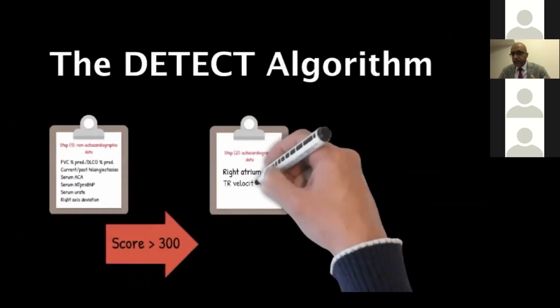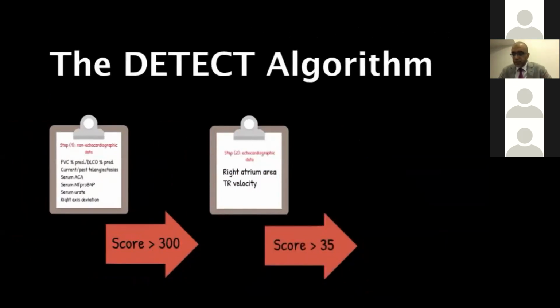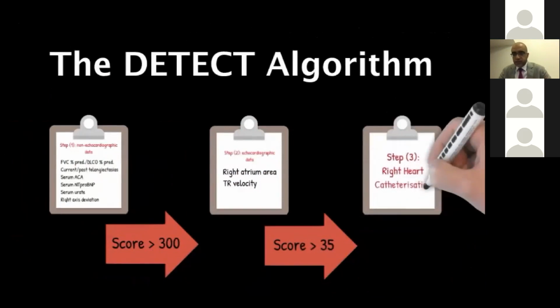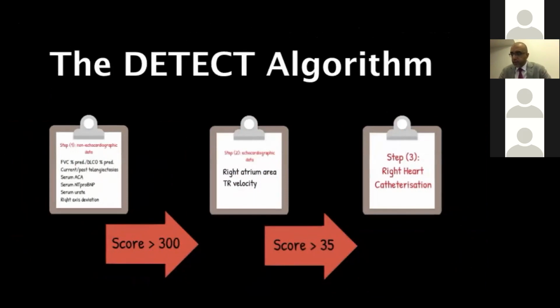Each of them has a different score. If the summation of the scores passes 300 points, the patient is valid to enter step 2, which is echocardiographic data. Here we rely on the right atrium area and tricuspid regurgitation velocity. If the patient scores an additional 35 points in this stage, the patient is validated to go through right-sided heart cath, which is the diagnostic step, and this is very sensitive data for the DETECT algorithm.